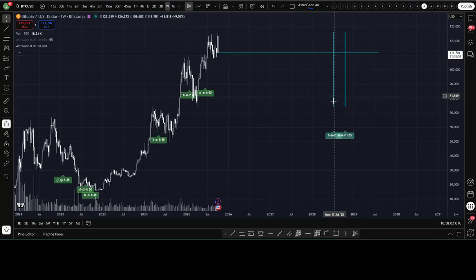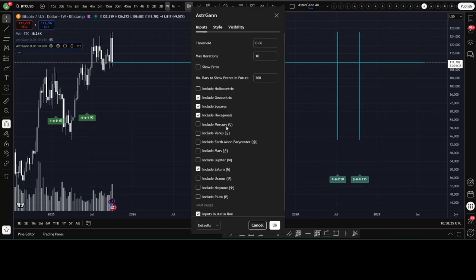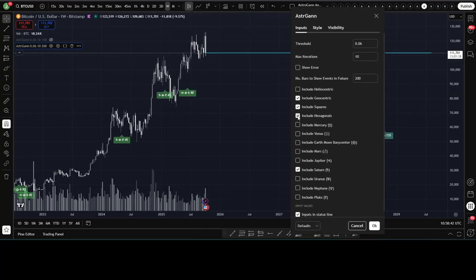And here you can see the next planetary angle it would make is going to be on the 10th of July 2028, with a 90-degree angle with Saturn and, let's see, what is this planet here? Pluto. Okay, so that's a small one. And what have we got here? Mercury. Also a small event. Anyway, it's interesting.